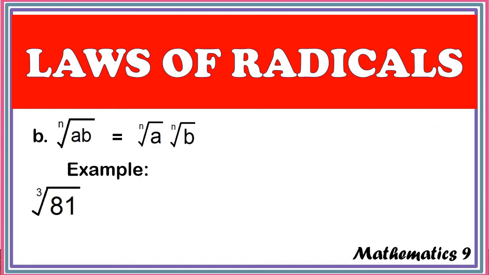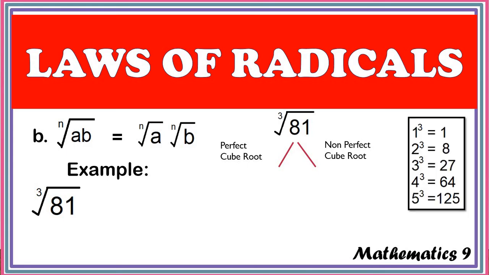Another example is the cube root of 81. So, cube root of 81 is not a perfect cube root. So, kukunin natin yung dalawang factor ng 81 na ang isa ay perfect cube root at ang isa ay non-perfect cube root. So, ano-ano ba yung posibleng factor ng 81 na cube root yung isa, yung perfect cube root? So, meron tayo ditong 1, 8, 27, 64, 125.